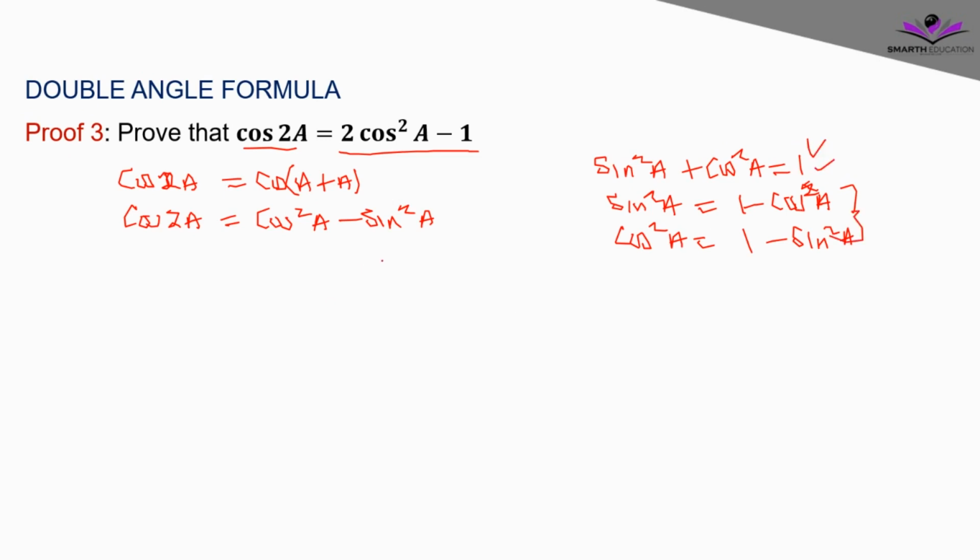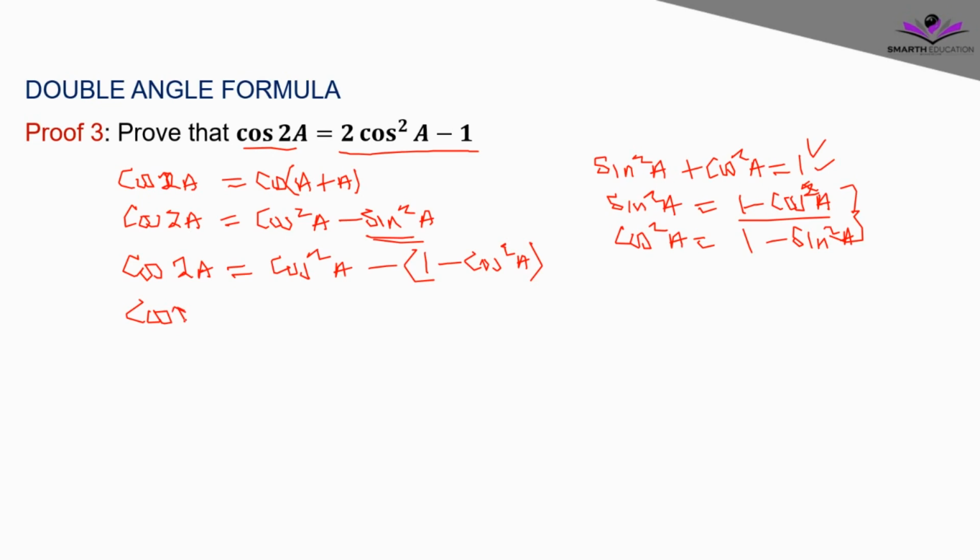So now, where there is sine squared a, we can put 1 minus cos squared a. So it becomes cos 2a is equal to cos squared a minus, and then put in the bracket, 1 minus cos squared a, right? And then remove the bracket.